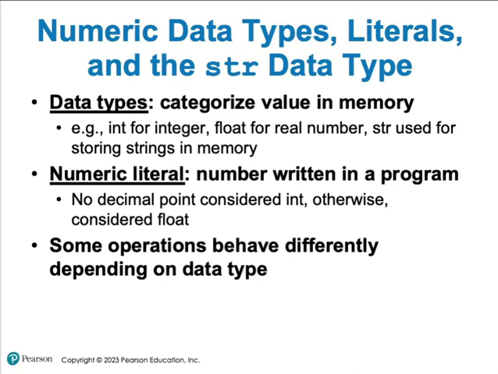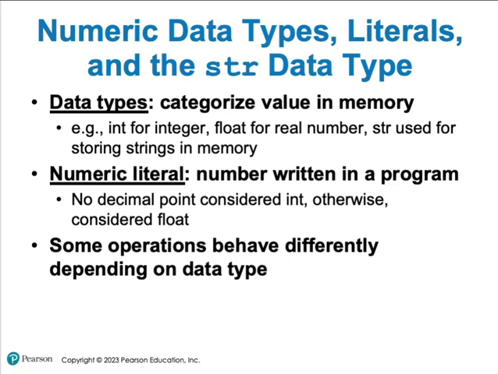A numeric literal is when you actually put a number, like if you say x equals y times 3, that 3 is a numeric literal that represents an integer because it didn't have a period. If there was a decimal point, then it would be a floating point literal.